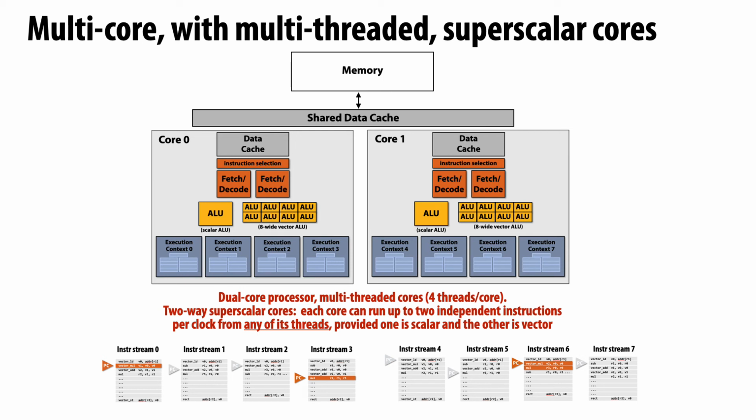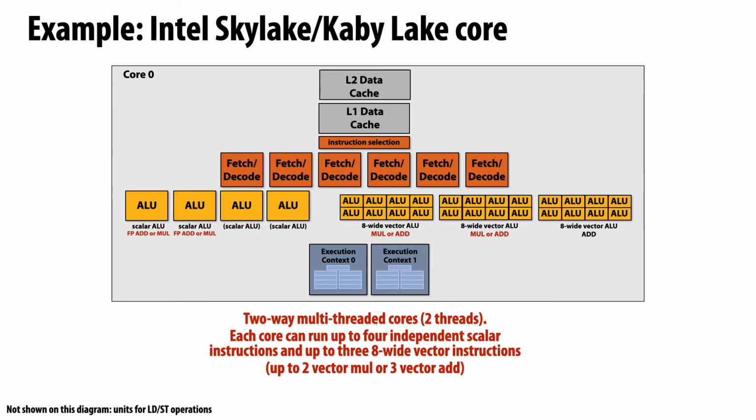Now this is all cartoons that I've been giving you, but it's not that big of a step to using the same sort of set of cartoon diagrams to describe processors that are out there in the wild. Like, for example, one of the processors we have in our lab at Stanford is of the Intel Kaby Lake version. Every core of that processor actually has the ability to decode, I think, up to about 6 instructions per clock. And there are 4 scalar ALUs and 3 vector ALUs.